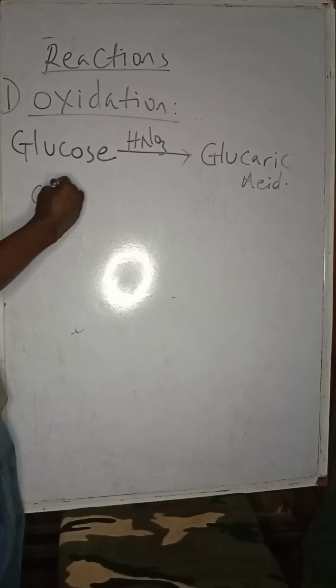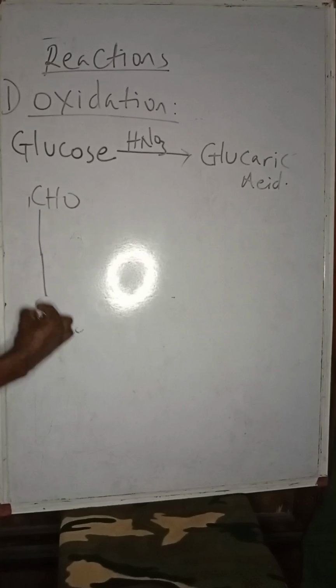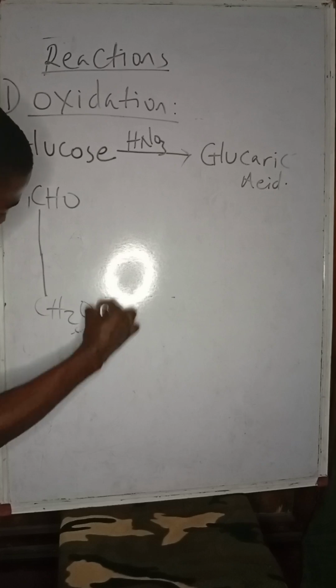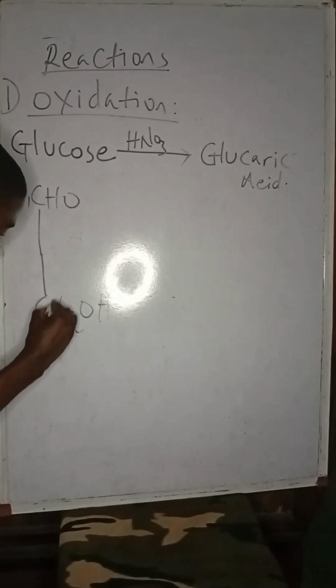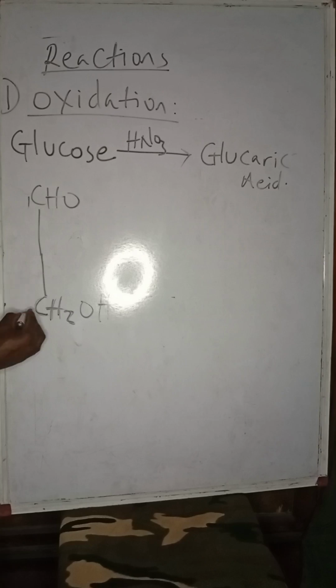Now, for glucaric acid formation, you observe the oxidation. This is carbon 1, then there's carbon 2, 3, 4, 5, and this is my carbon 6.